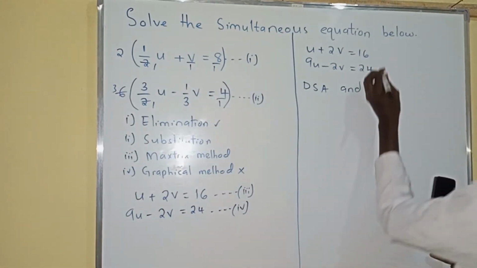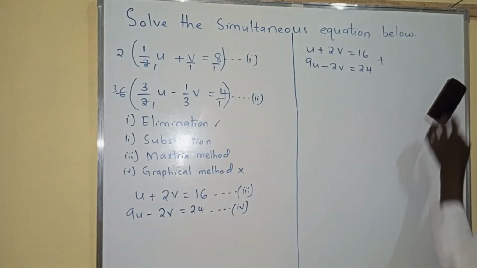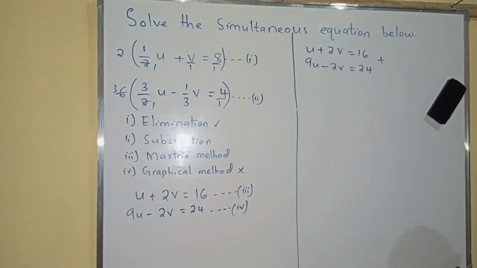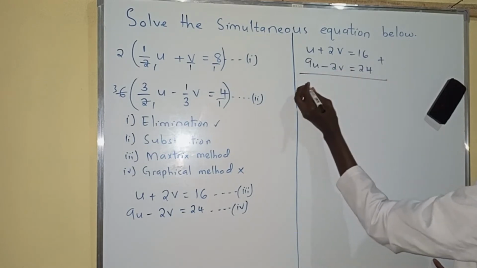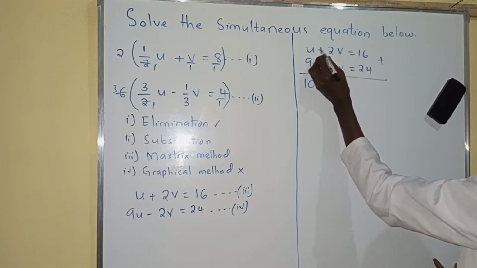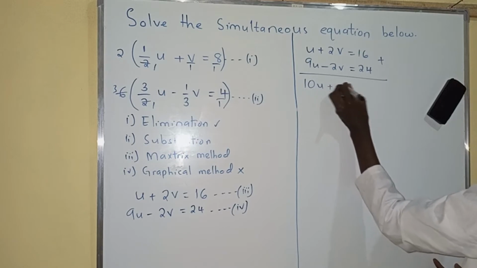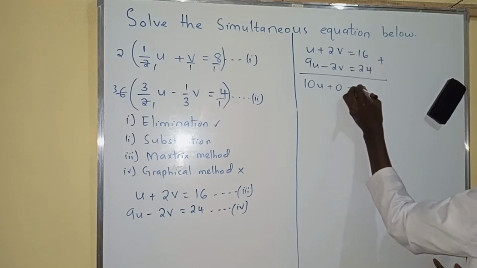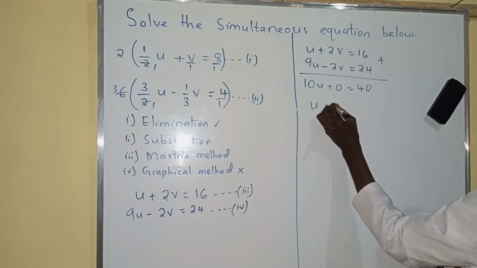Adding, u plus 9u is 10u, plus 2v plus minus 2v is 0, and 16 plus 24 is 40. So the value of u is equal to 4.